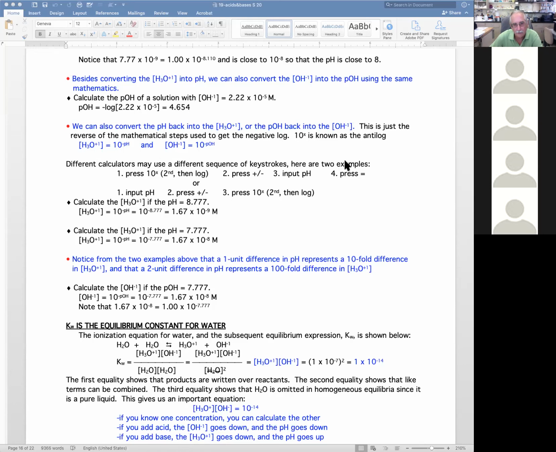So your calculators have different keystrokes. I don't know which one that you'll be using. So let's just do this. Calculate the hydronium ion concentration given the pH. So what you're doing is really going 10 to the negative pH, right? And that would give you that value right there.